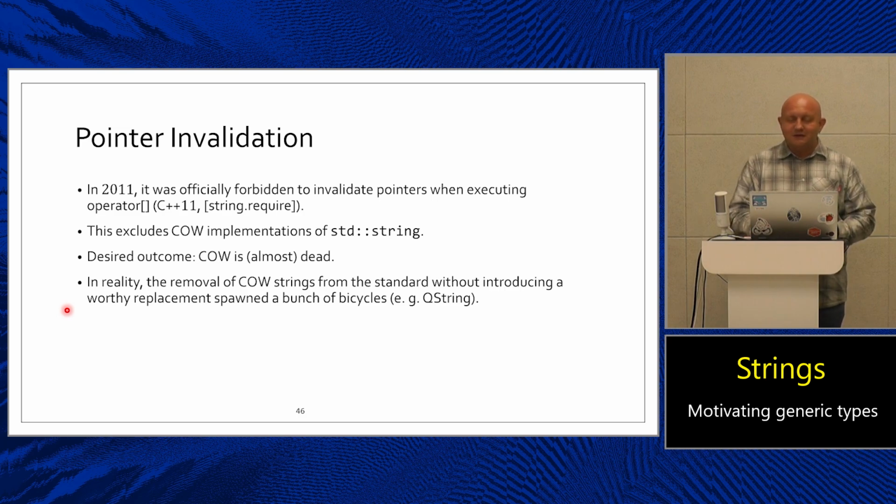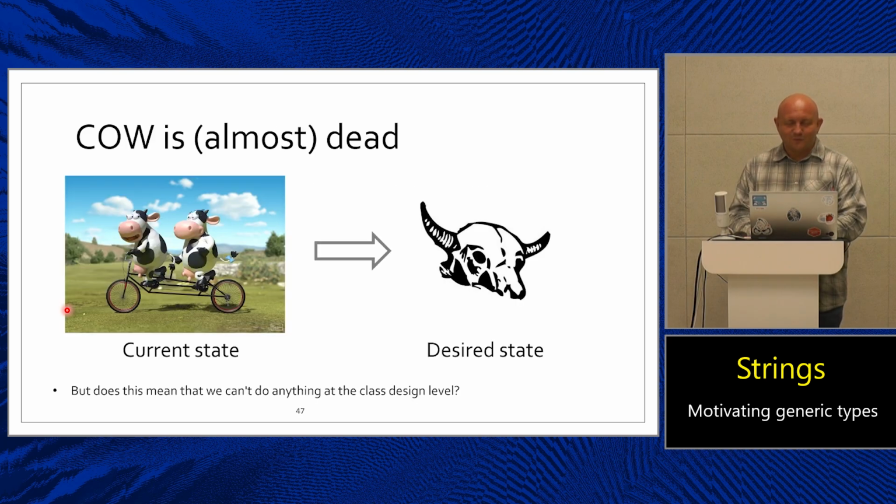Because a COW string in the subscript operator, if it was shared, had to do an unshare, and unshare is allocation, and so on and so forth. Therefore, COW strings were practically forbidden with this new limitation by the standard. So COW is almost dead.